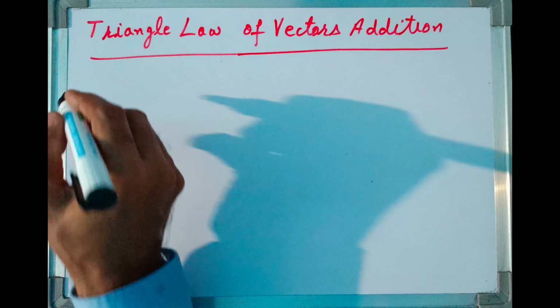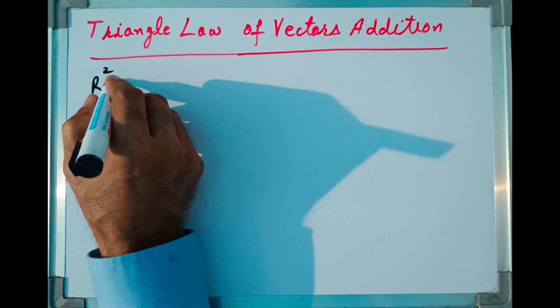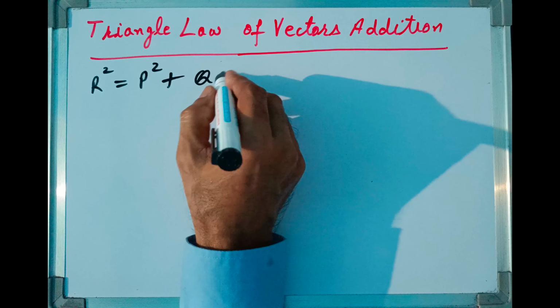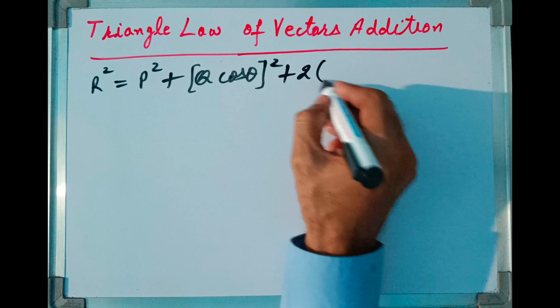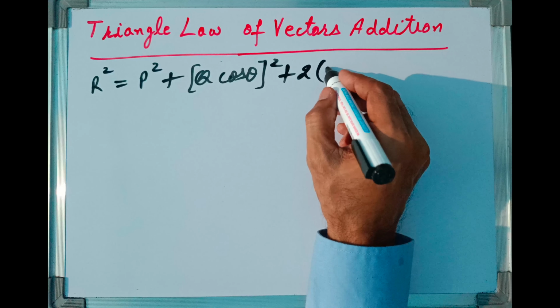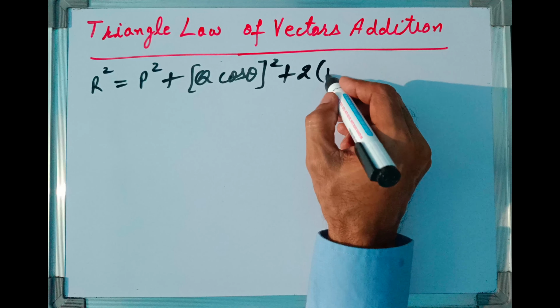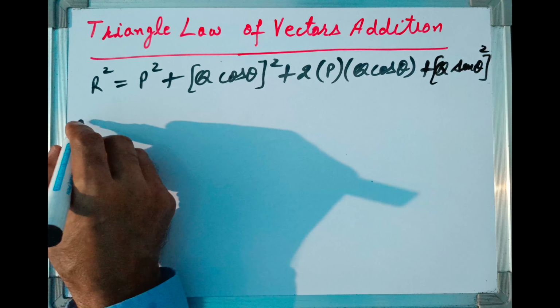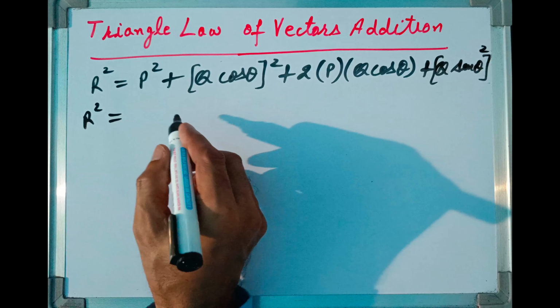Putting various values, we can write R square equal to P plus Q cos theta whole square plus Q sin theta whole square. Now we have to solve this right hand side of this equation.